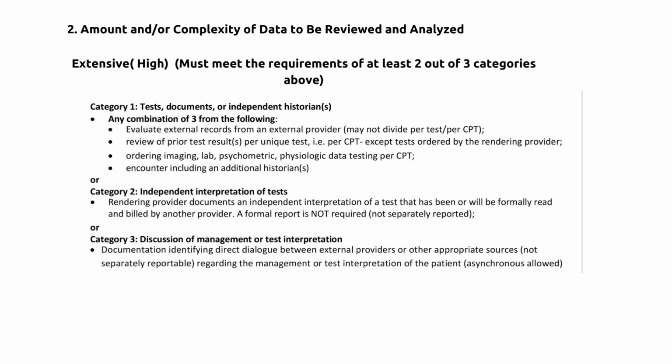Evaluate external record from an external provider, may not be divided per test per CPT. Review of prior test result per unique test, that is per CPT, except tests ordered by the rendering provider. And ordering imaging, lab, psychometric psychological data testing per CPT. And encounter including an additional historian.